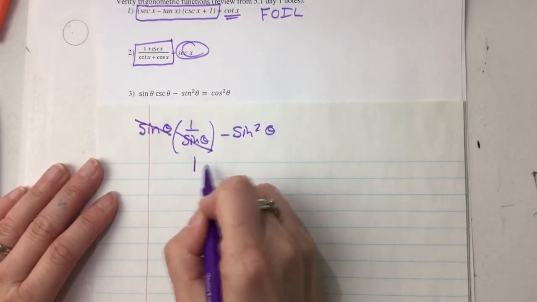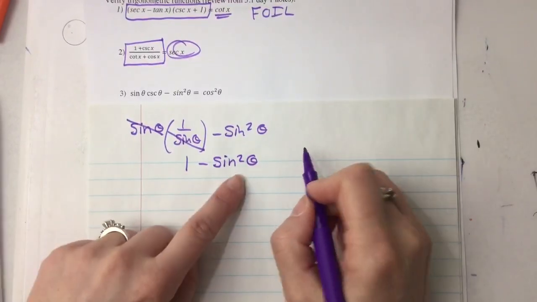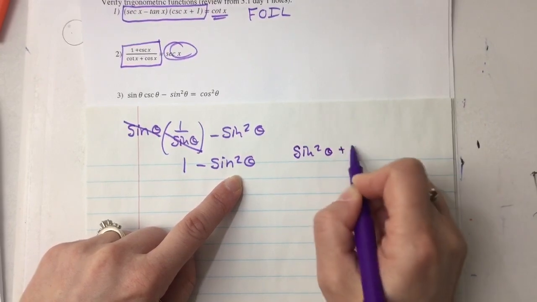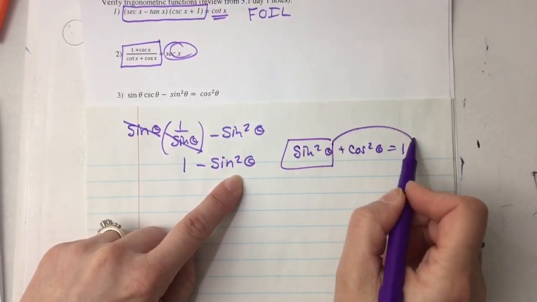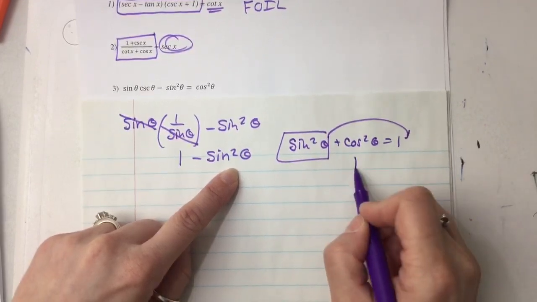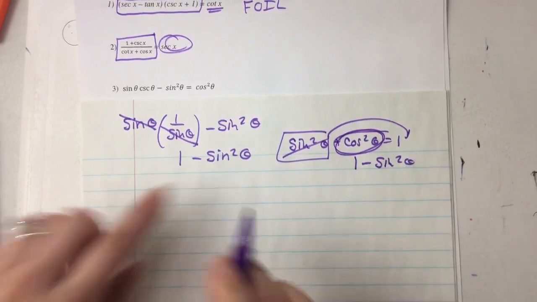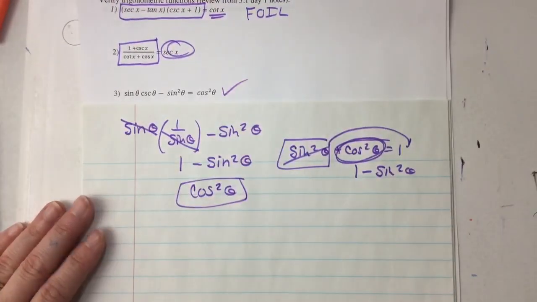Sine cancels a sine. 1 minus sine squared of theta. Hey, I have a 1, I have a sine squared of theta. There's this property. It says sine squared of theta plus cosine squared of theta equals 1. Well, if I move this over, it would match because it'd be 1 minus sine squared of theta. So this has a value of cosine squared of theta. That's what we're trying to prove, and we're done.